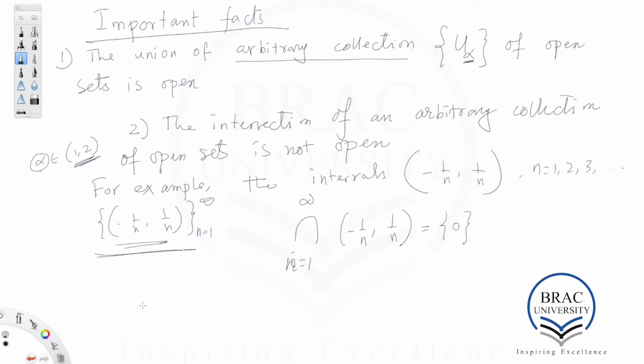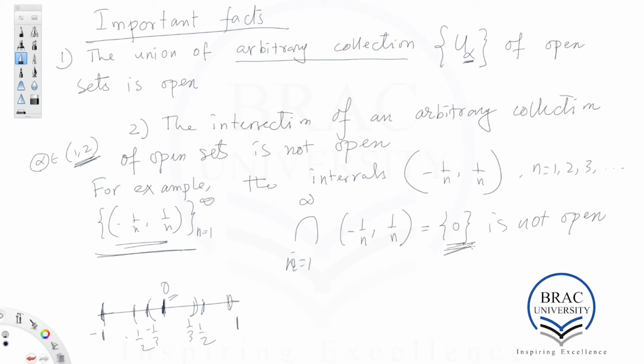It's easy to see intuitively, because for n equal to 1, this is (minus 1, 1), for n equal to 2 it is (minus 1 half, 1 half), which is decreasing, then minus 1 third, so the intersection is going to be this point, which is a singleton, but we know that this is not open.